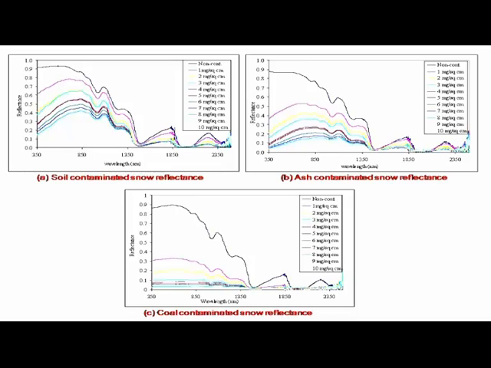But here, what we have found is that this variation is there even in the NIR region and in the SWIR region also. Secondly, based on the type of contamination, there is a decrease. Even for the coal, at the same amount of 1 milligram per square centimeter, there's a lot of decrease in the reflectance.